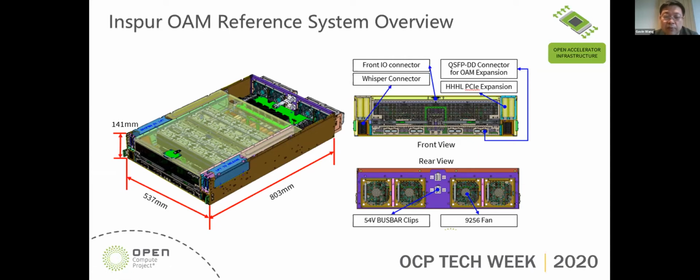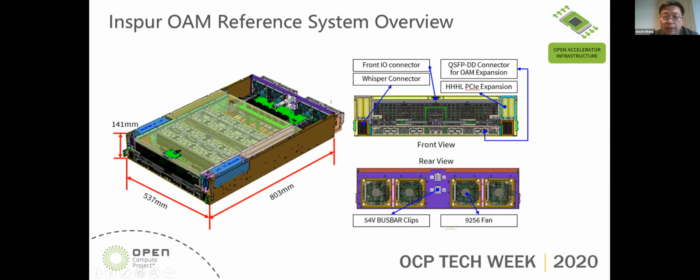Each connector can support 2x16 lanes. We can also support multi-host. This provides a very flexible architecture, so a customer can connect different numbers of compute nodes and allocate their workload based on their different AI scenarios.